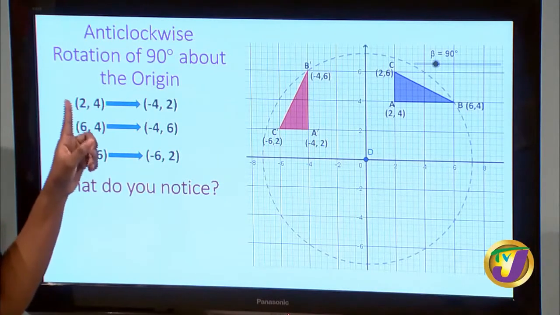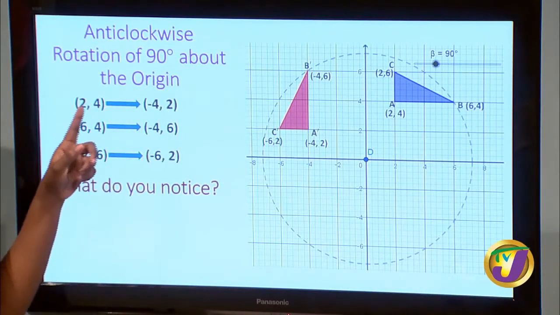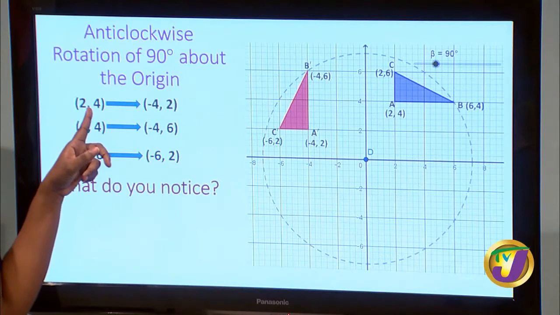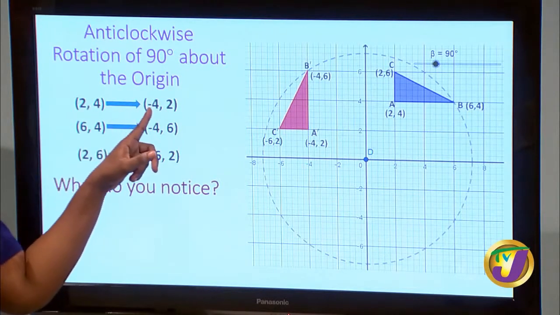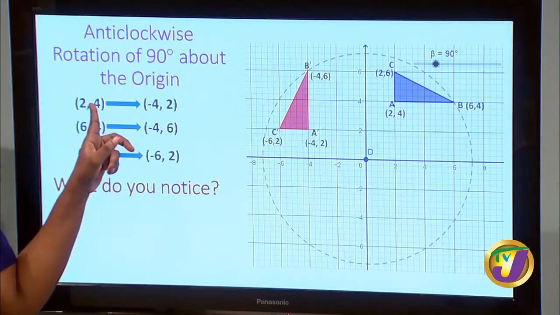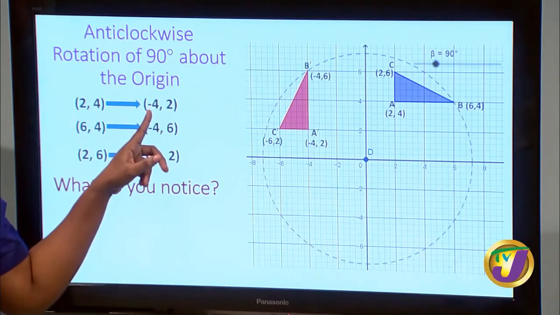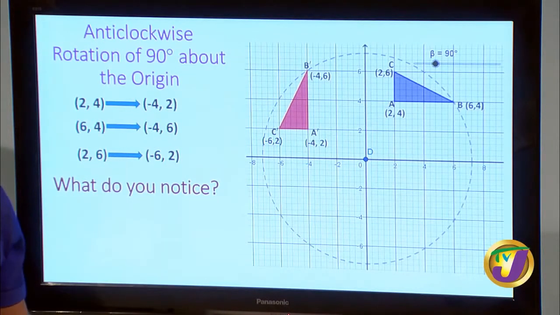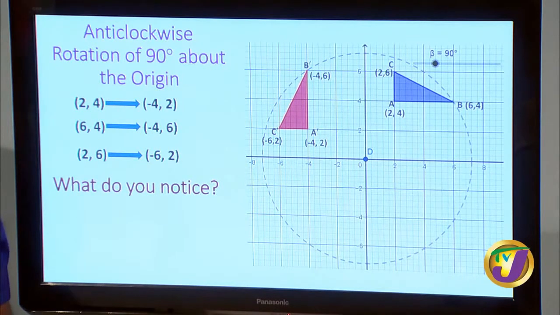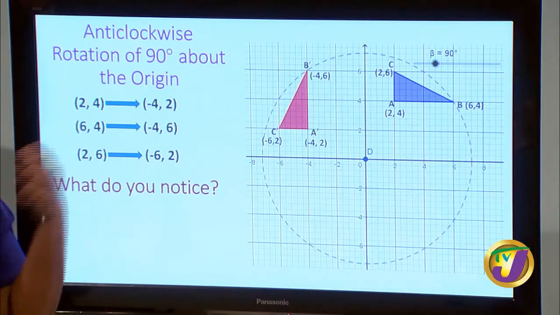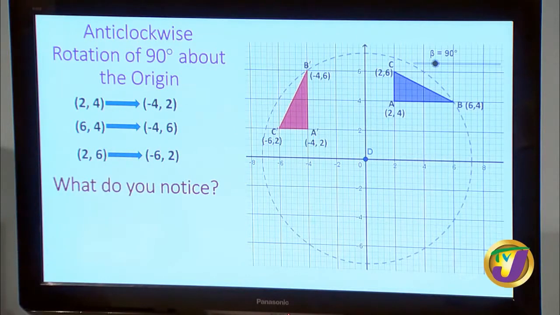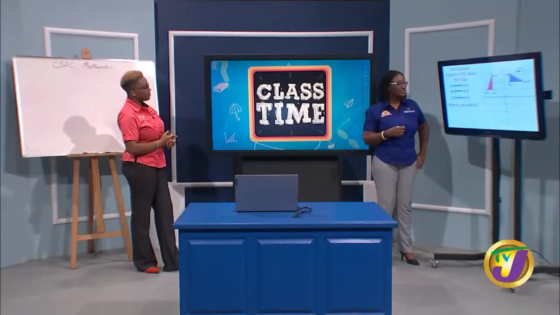What else did you notice? The Y value also interchanged to be the X value. So the Y value from the pre-image is now the X value for the image, but not just that. It is the negative of. So we could say the opposite value too, not true? Because we talk about opposite numbers on the number line, right? Interesting stuff.